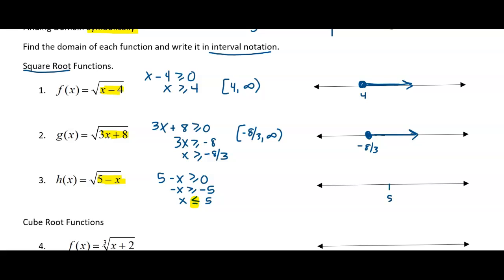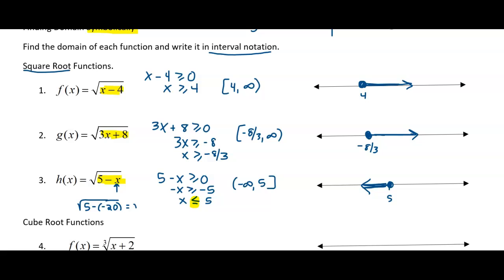If you look at the graph, you've got 5, and that's everything to the left. So our domain for this particular function would be negative infinity to 5 with a bracket on the 5. Remember, this is telling us numbers that we can use. For example, if I plug in a negative 20 for x, you'll say 5 minus negative 20.